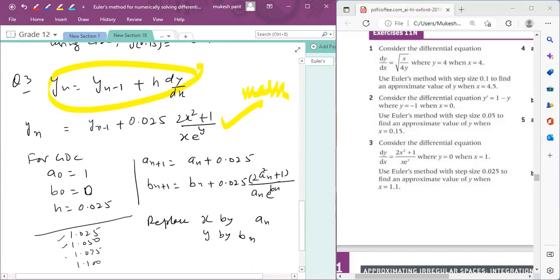So 1, 2, 3, 4. It ends at 4, so you write 4. Please try the calculator. Everything I have discussed on the board, you know how to use the calculator. You will get the answer for y when x equals 1.1.